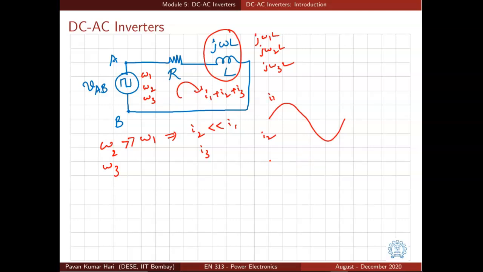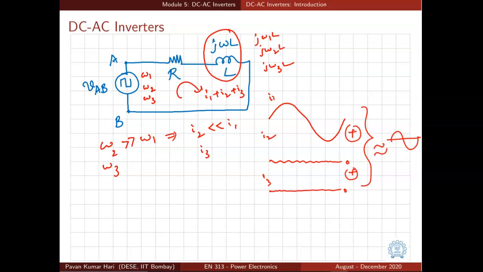It's higher frequency, so it will be very small like this. And I3 will be even lower. Now of course the average values of these two also will be 0. So the sum of all these three will be almost sinusoid. So this is the advantage of having the harmonics at higher and higher frequencies.